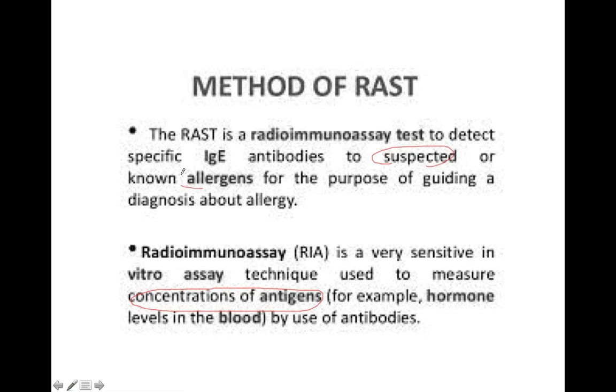We want to detect this suspected allergen like dust, maybe some plastic or rubber, latex. By doing this test, we want to detect which is the allergen and the concentration of the antigen. Okay, clear? Any questions? This is how it is performed.